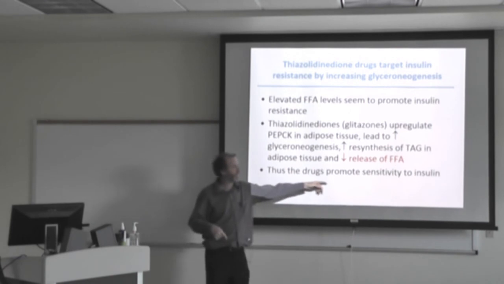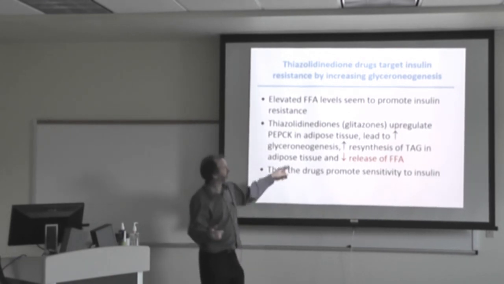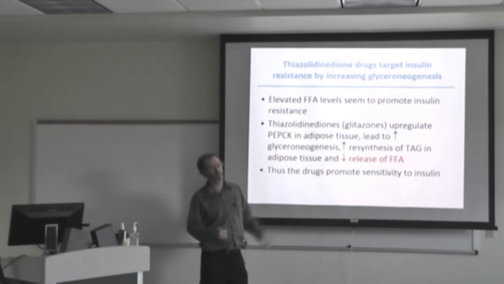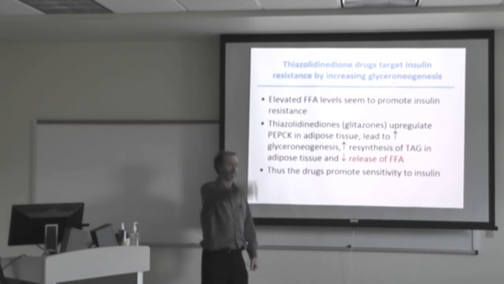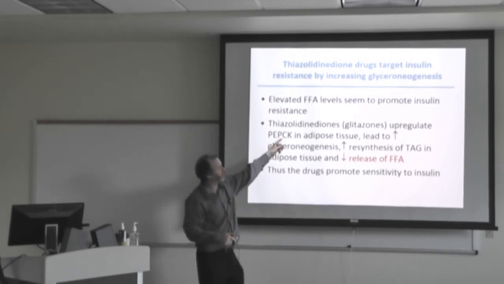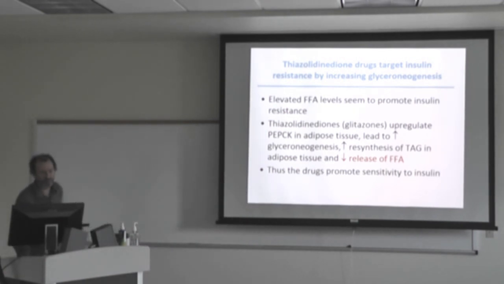Thus, the drugs promote sensitivity to insulin, because the glycerol that was in the adipose isn't being kicked out, going to the liver, being made into more sugar to be kicked out into the blood, and the free fatty acids aren't interfering with the glucose uptake by the muscle.